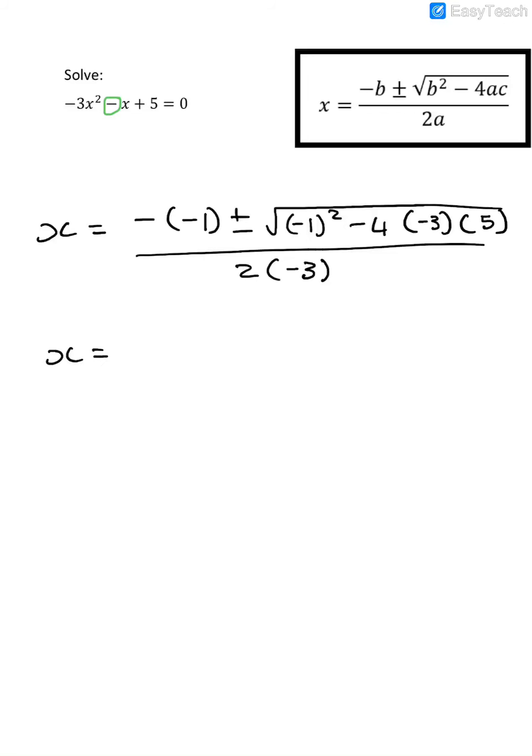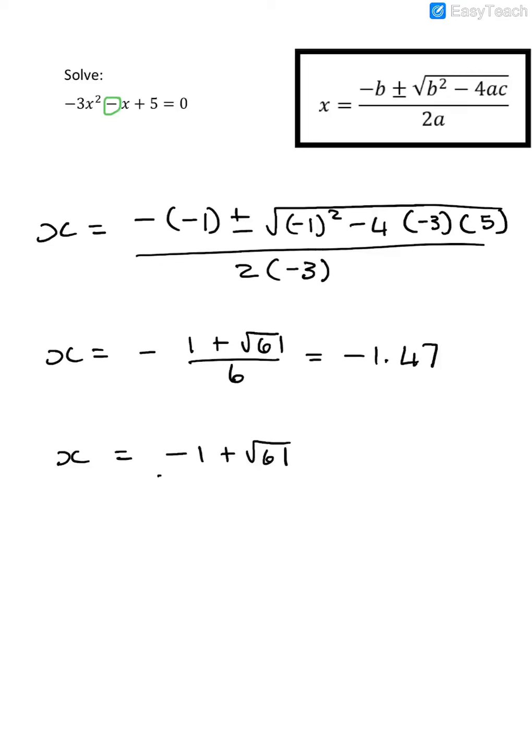So x equals minus 1 plus root 61 over 6, which equals minus 1.47 if I round it to 2 decimal places, or you do the same calculation but put a minus where the plus was previously, and that will give you x equals minus 1 plus root 61 over 6, which gives you 1.14. And that's it.